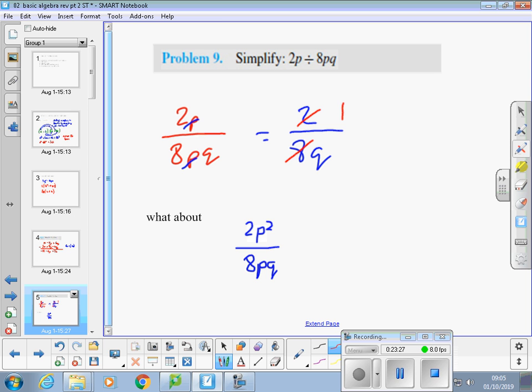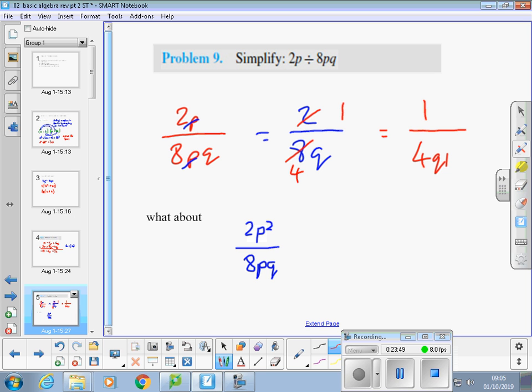The top doesn't become nothing. So many people make that mistake. It's 1 over 4q. Right, everybody follow that?